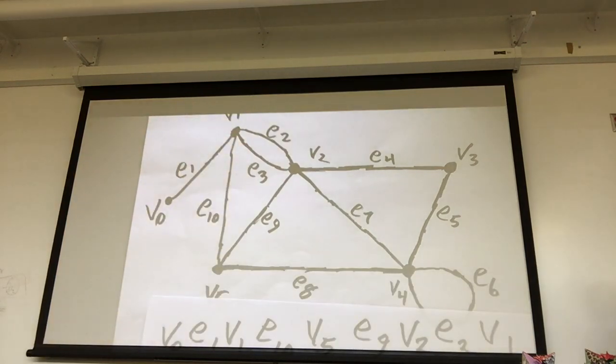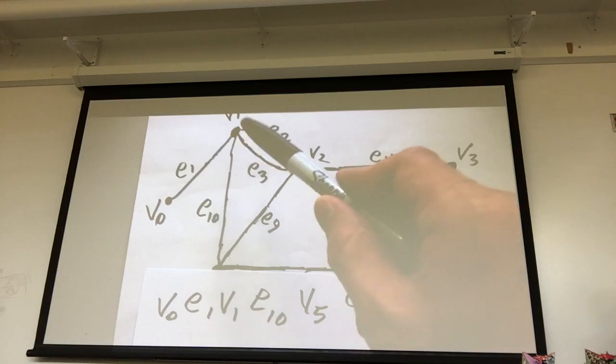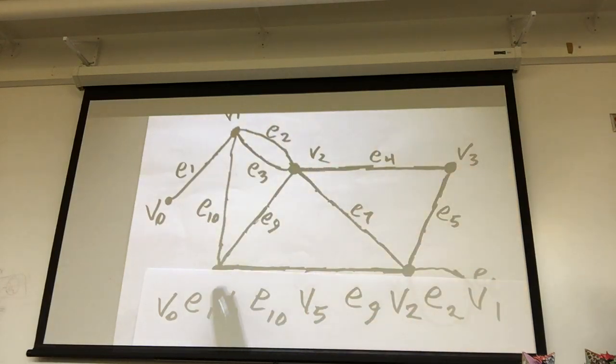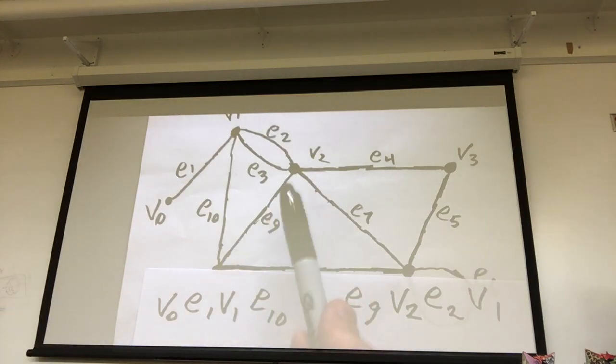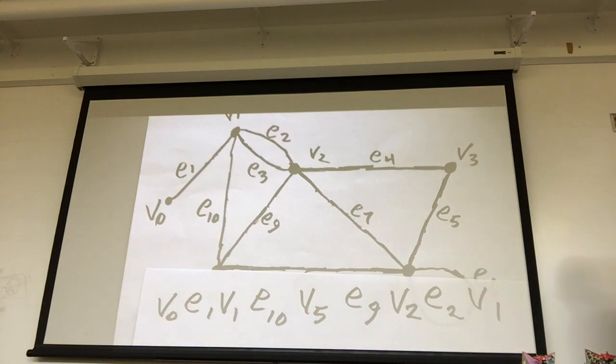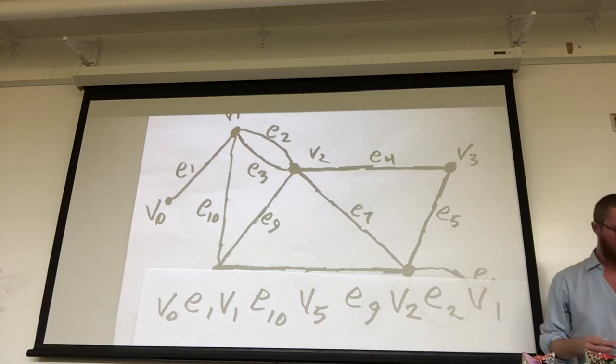So what is this thing doing? It goes V1, then E10 to V5, E9 to V2, and then E2 is mapping over to V1. Now, just from the statements, E1, E10, E9, E2.